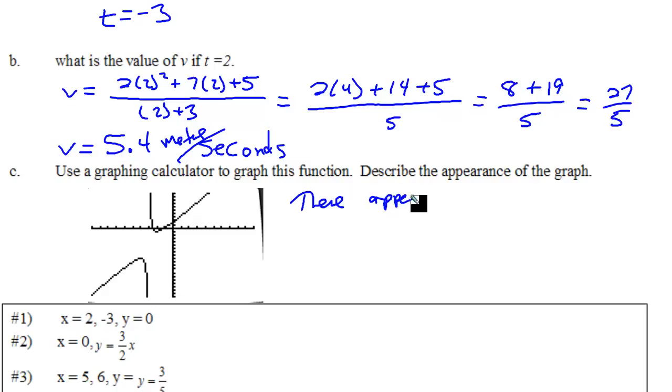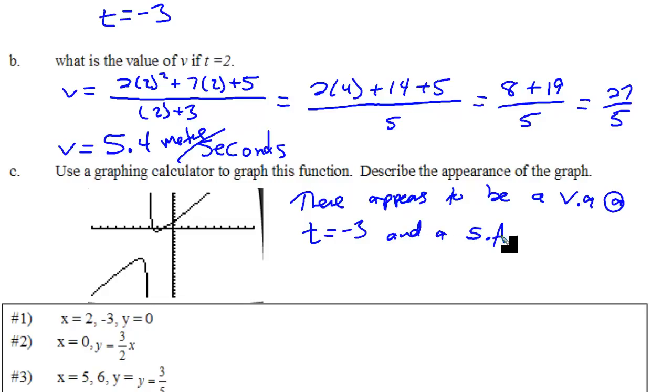There appears to be a vertical asymptote at t equals negative 3 and a slant asymptote at, how are we going to decide where this is? I don't like to guess.